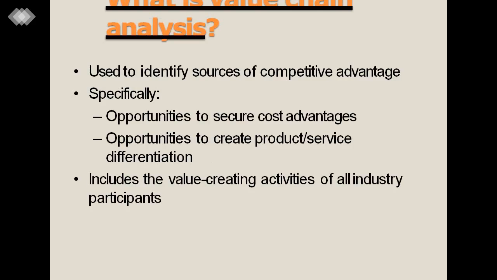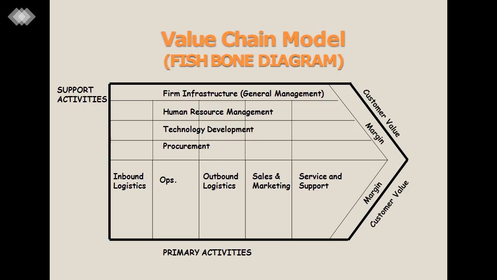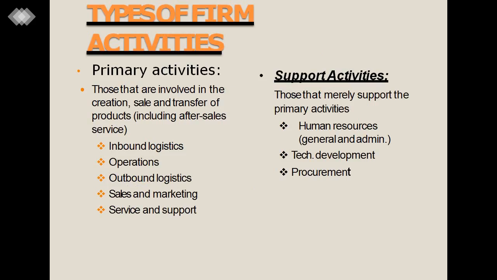Then we learned value chain models with supportive activities and primary activities. Then we learned more about primary activities, which include inbound logistics, operations, outbound logistics, sales and marketing, and service and support. In supportive activities, we learned HRM, technology development and procurement.